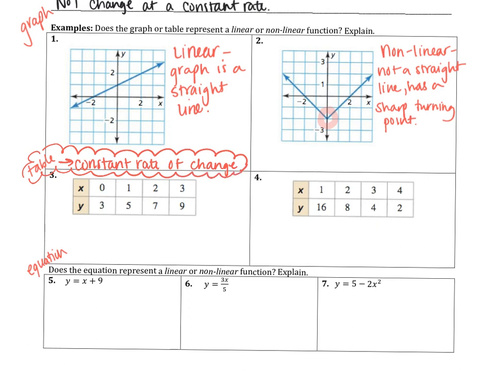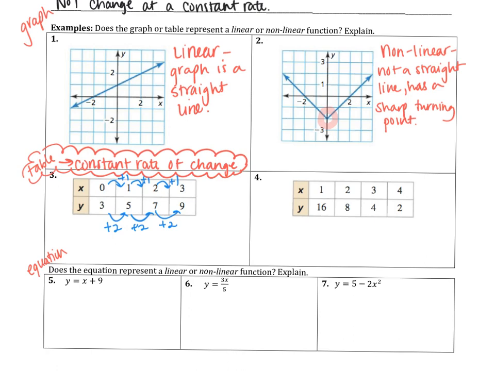What I want to look at is that as the x values progress by 1, are the y values progressing at a constant rate? So to get from 3 to 5, I add 2, and from 5 to 7, I add 2, and from 7 to 9, I also add 2.